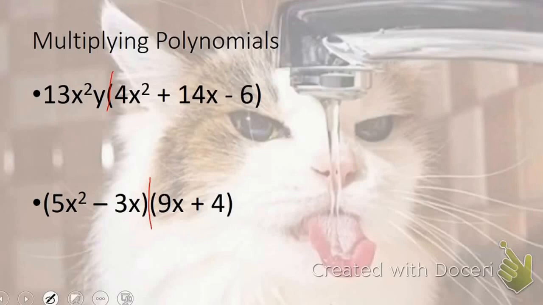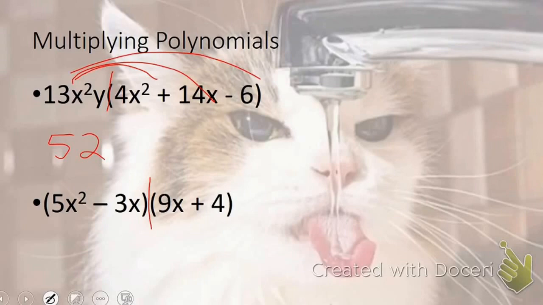All right, ready? So we're going to start the first one with a monomial times a trinomial. What that means is a little hua, hua, hua. When I do those huas, the rule for multiplying is we're going to keep the base and add the exponents. Coefficients get multiplied, so 13 times 4, ooh, tricky, that's a 52.